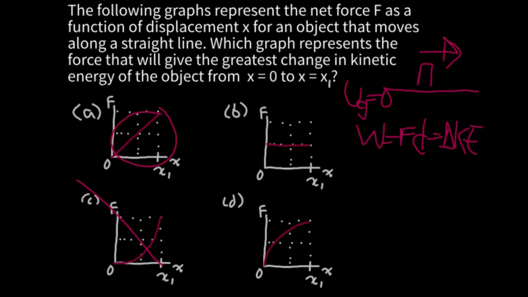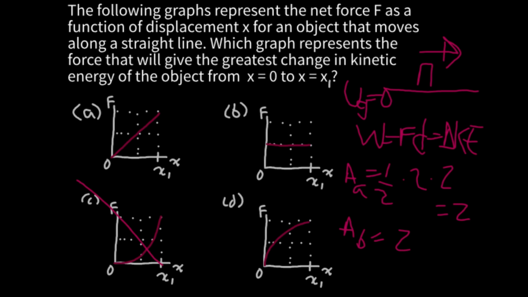We know that area is 1/2 times base times height, so we can say area of A is 1/2 times a base of 2 times a height of 2, which just gives 2, and the area of B is base times height, and that's just 2.